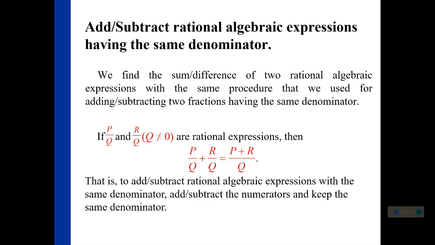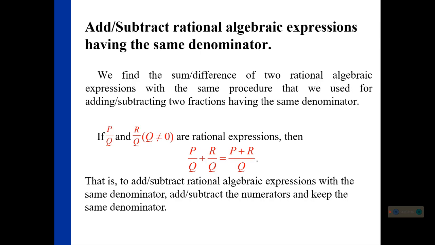So, for you to add or subtract rational algebraic expressions having the same denominator, we find the sum or difference of two rational algebraic expressions with the same procedure that we used for adding or subtracting two fractions having the same denominator.